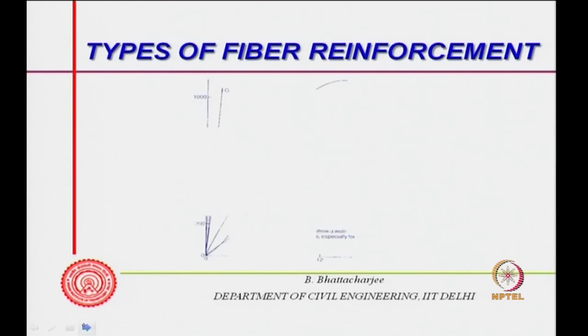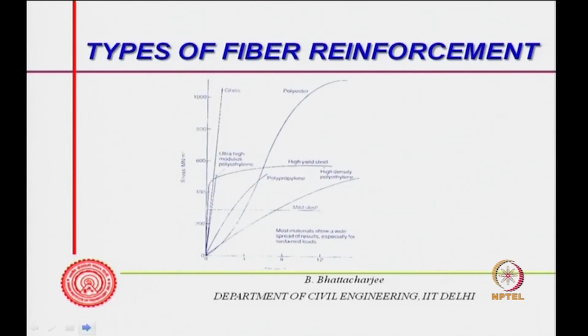Polypropylene and polyester are being used today for shrinkage cracks, because see this is your steel, high yield steel, mild steel idealized stress strain diagram is here, then high density polypropylene, low density polypropylene, and this is polyester, then glass, high modulus polyethylene.